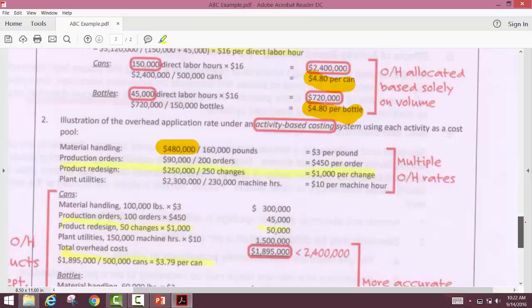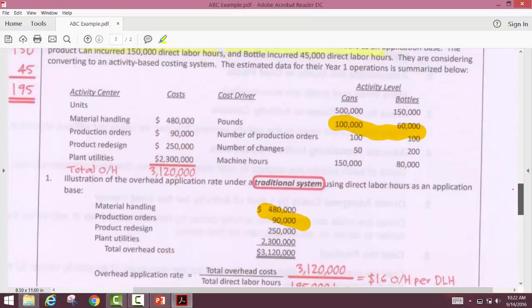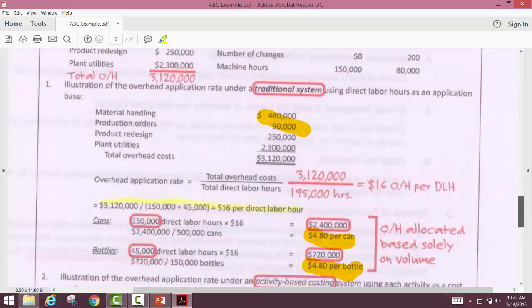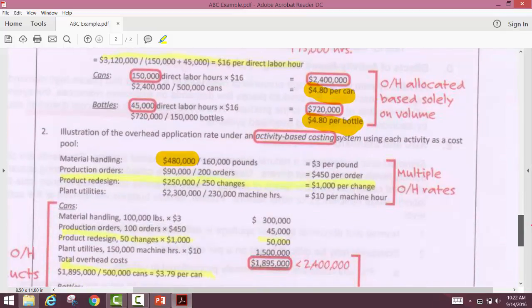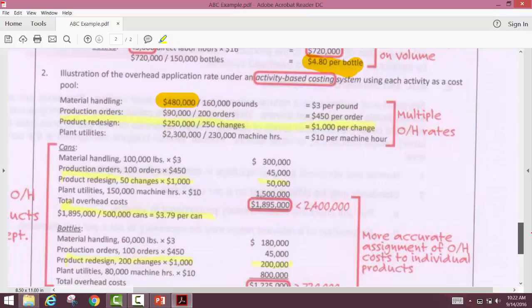We do the same thing with the production orders. It's 450 per order, and the cans had how many orders? 100 orders, 100 times the 450, and we're getting 45,000 for the orders, right?